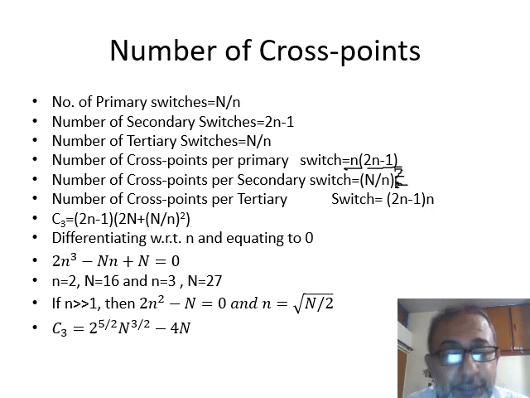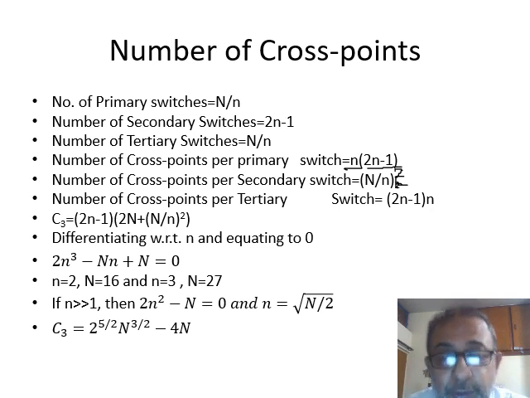If we neglect it, we have 2n cube minus capital N into small n equal to 0. We can take out small n as common, and we are left with 2n square minus capital N is equal to 0, and small n would come out to be under root capital N over 2.